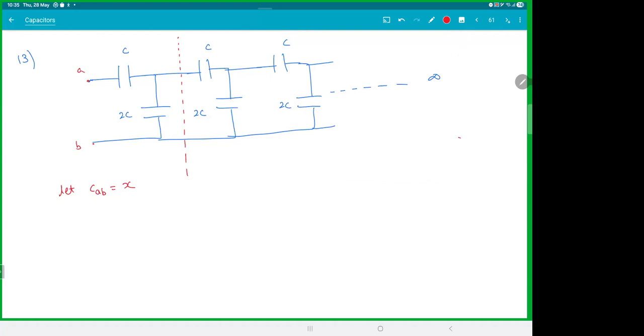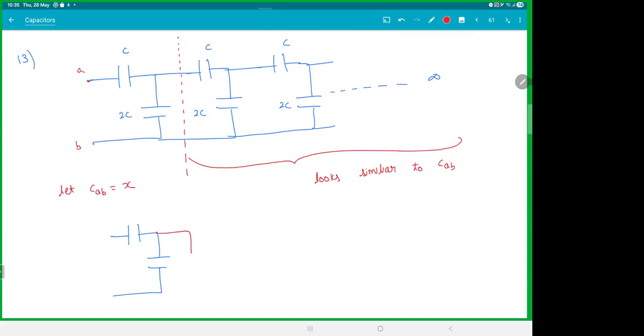So this whole thing looks similar to the whole circuit, similar to CAB. So that means you can replace this whole thing with another x. Making sense? Infinity minus 1 is still infinity.